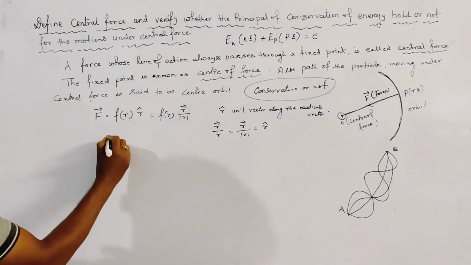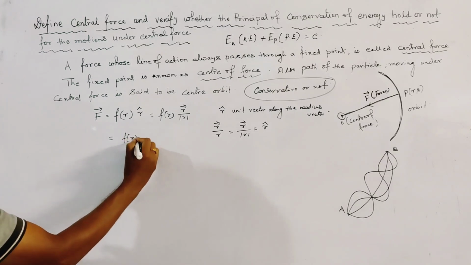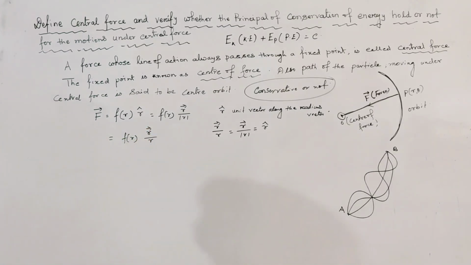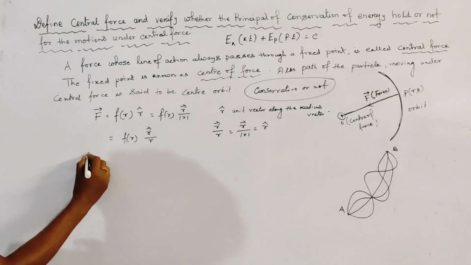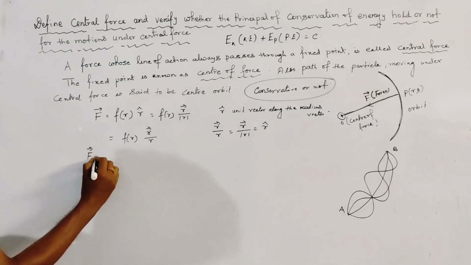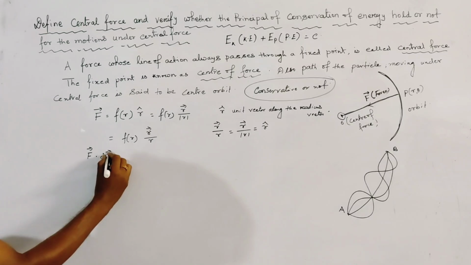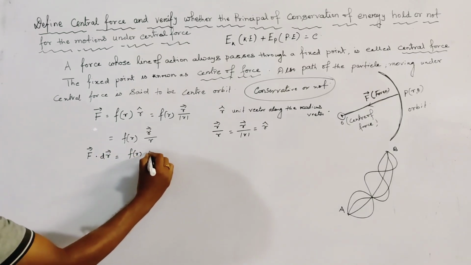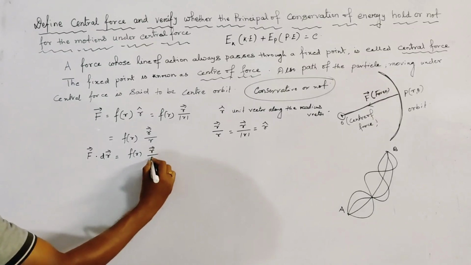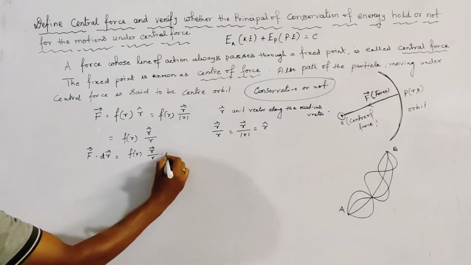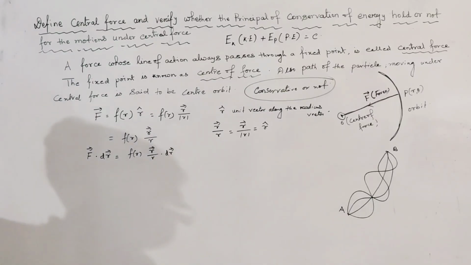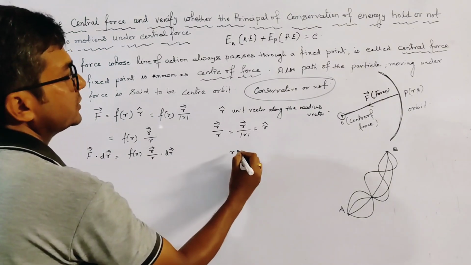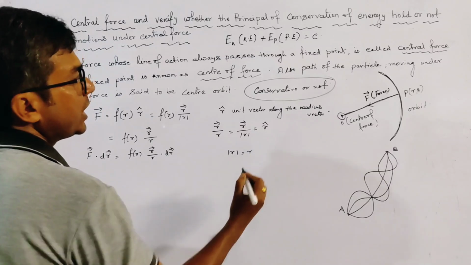So this relation becomes F of r into r vector by r. Now F dot dr vector is equal to F of r into r vector by r dot dr vector.